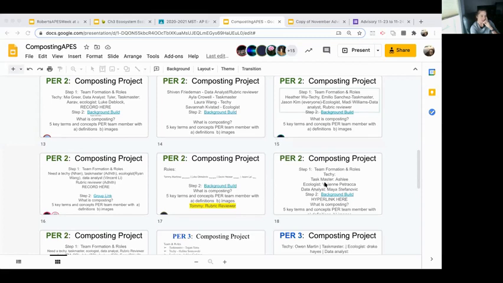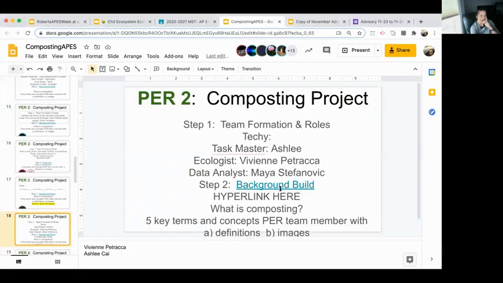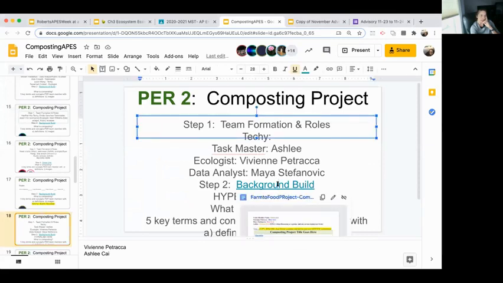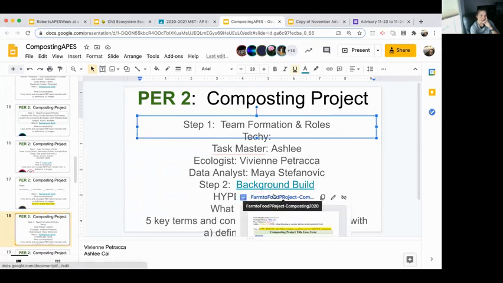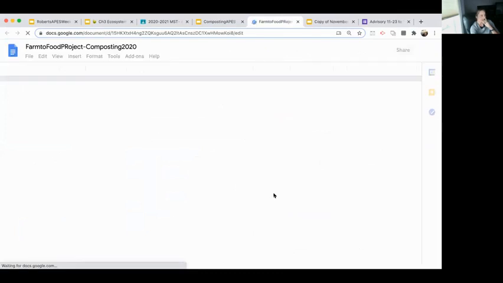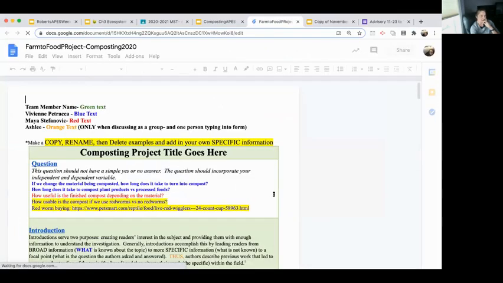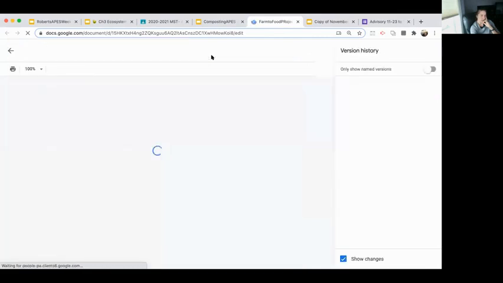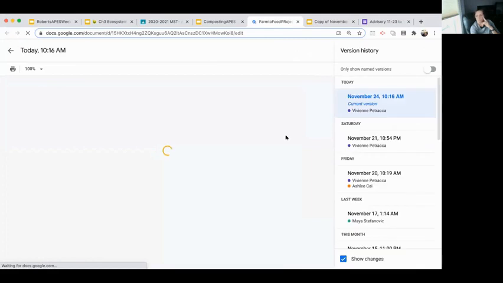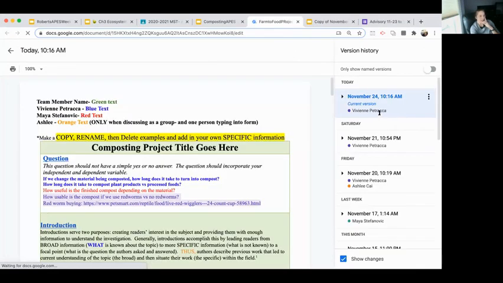Let's pick on this group. And then I will go to their hyperlink. Well, first of all, I'm going to look to see who's the rubric recorder. So they will add that to their main slide. And then I will click on their actual document. And then I will go up here and I will look at their edits. And what I'm looking for is on days like this, that they all show up on November 24th. So someone other than Vivian, I should see everyone in her team show up today.